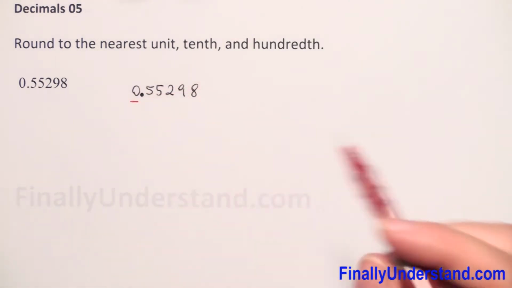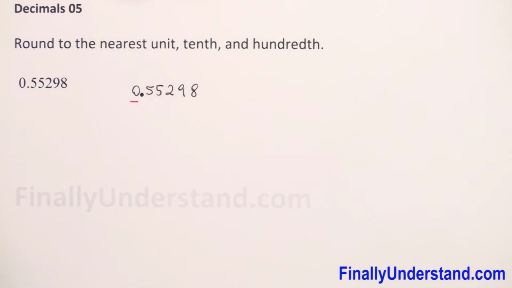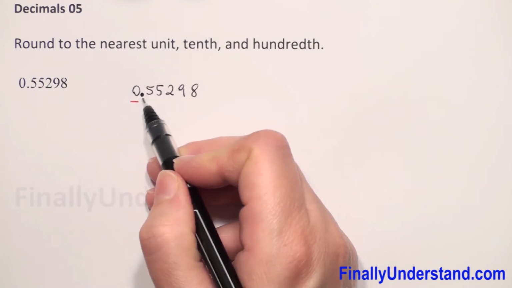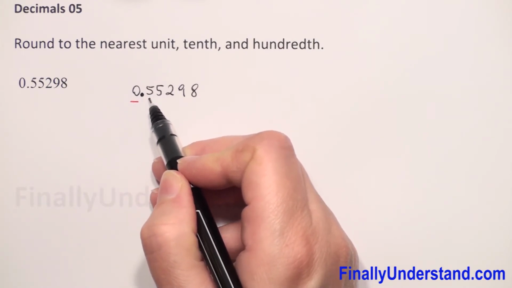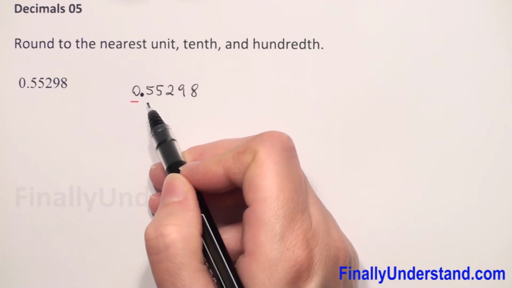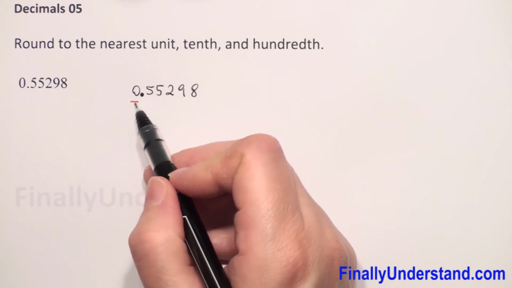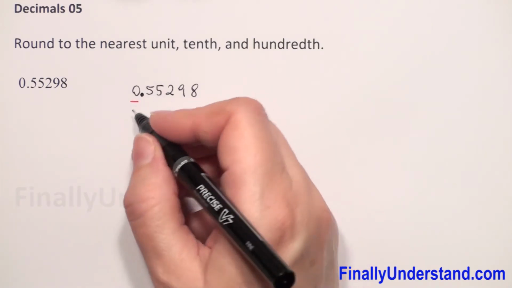We have 0 units. And next we have to check the digit which is after our underlined digit. So the first digit after the underlined digit is 5. When we have 5 or more, we have to increase our underlined digit by 1.